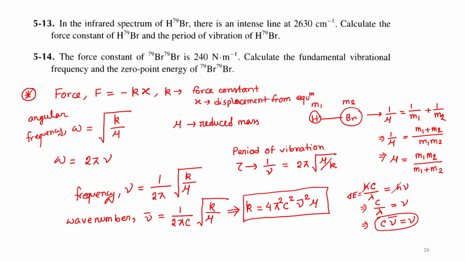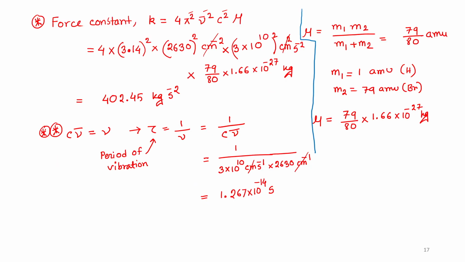What the second question is about is the force constant of another molecule. Now this is bromine, 79 bromine, 79 bromine, another way to write is 79 bromine Br2. Now see, the force constant unit, another way to write is Newton meter inverse. Let's see if we can write it like that.